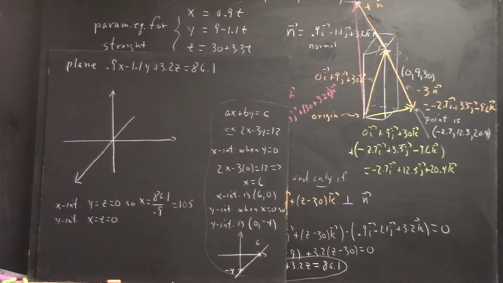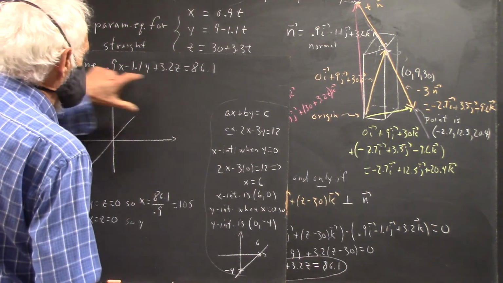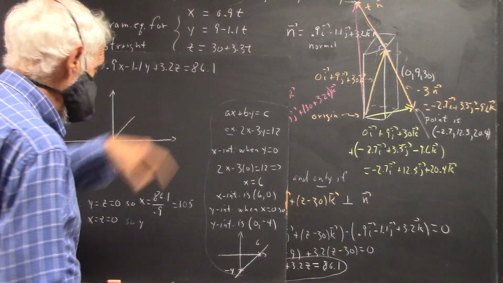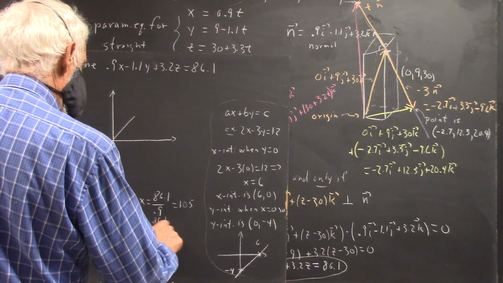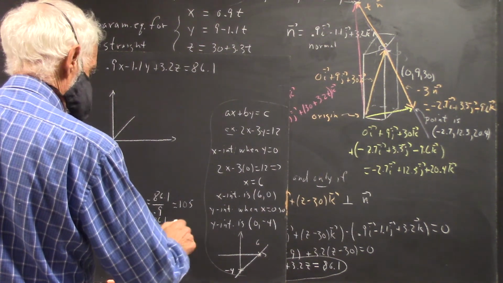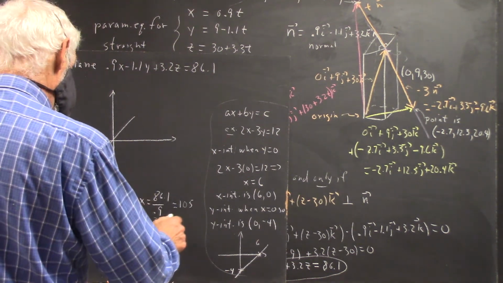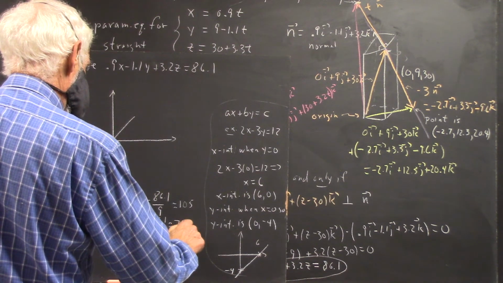The Y-intercept occurs when X and Z are both 0. Of course, if X and Z are both 0, you're left with negative 1.1y equals 86.1. That's about maybe 78.